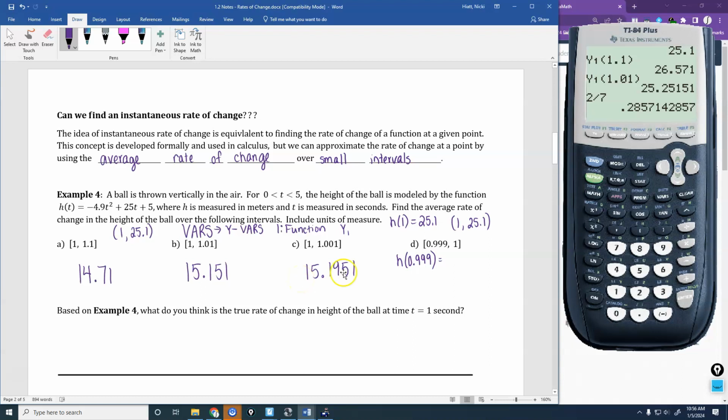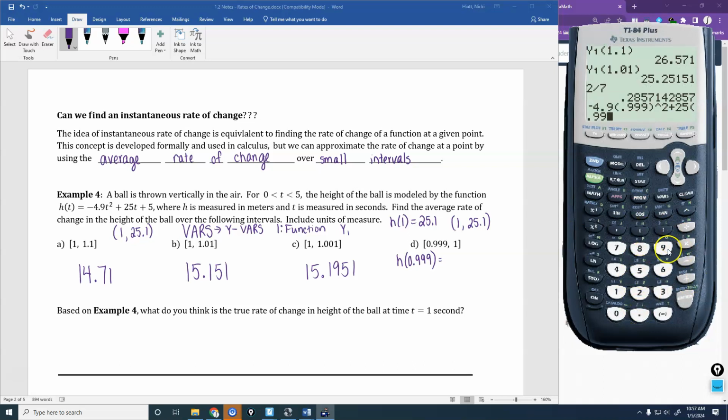You can just write down the answer, because if it is calculator active, they're going to assume you're doing that on your calculator. So we're going to do negative 4.9 times 0.999 to the second power, or squared. I could hit the square button. Plus 25 times 0.999 plus 5.